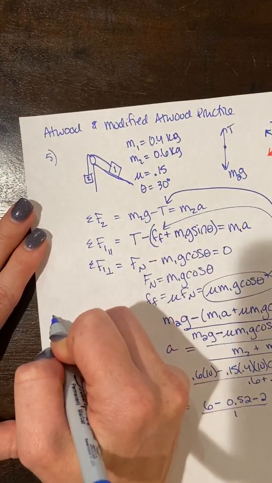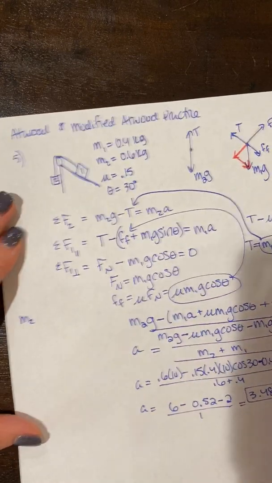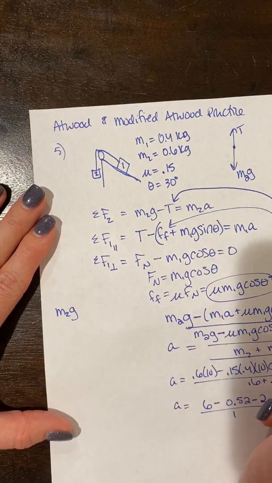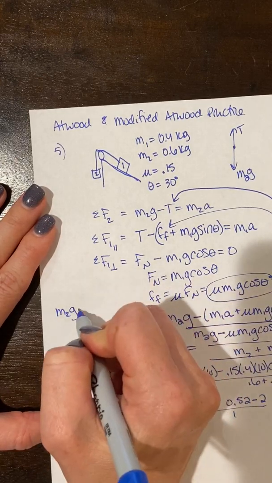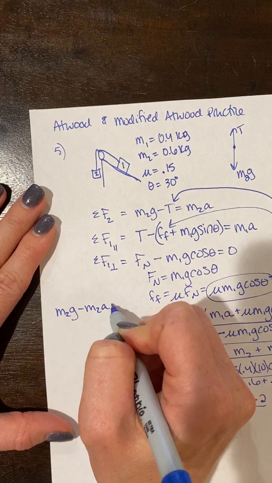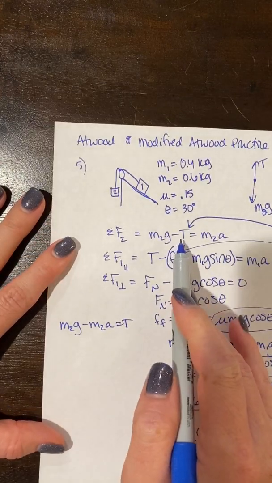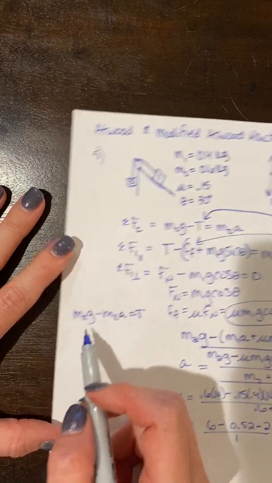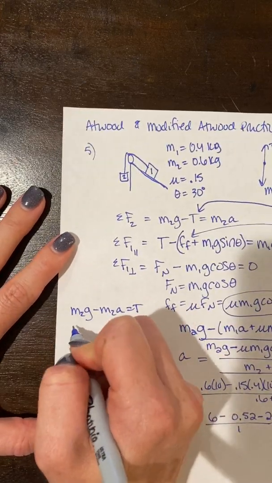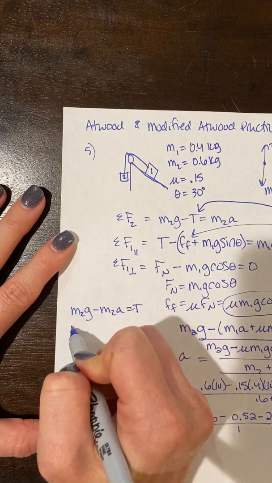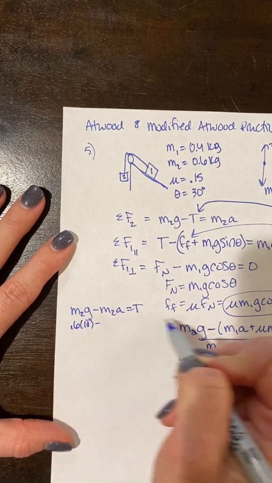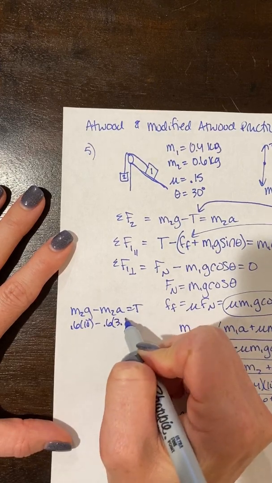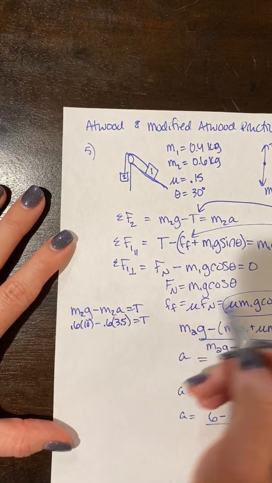Rearranged, this one becomes, I don't want to plug it in here, it's too much, m2g minus m2a is equal to T. I subtracted the T from both sides, subtracted the m2a from both sides, rearranged it like this. m2 is 0.6 times 10 minus 0.6 times, we're going to round it, 3.5.